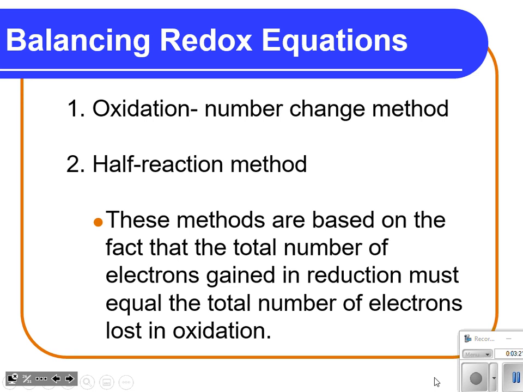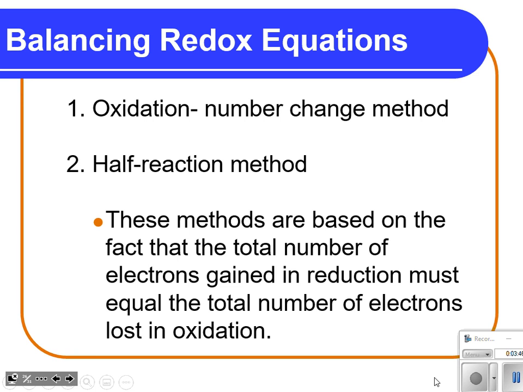The amount of electrons that are lost in oxidation must equal the number of electrons that are gained in reduction. That's the key part of these oxidation number change methods. So I'm going to take you through 5 different steps here.